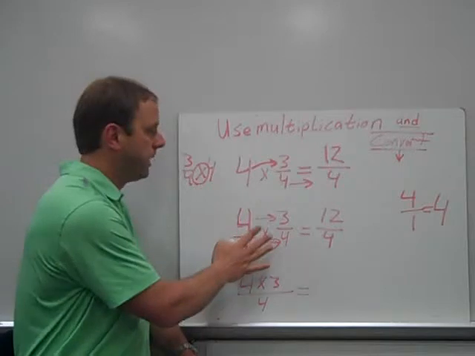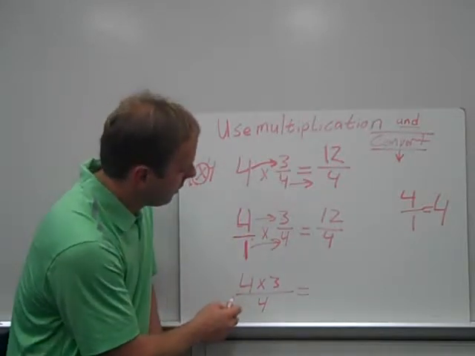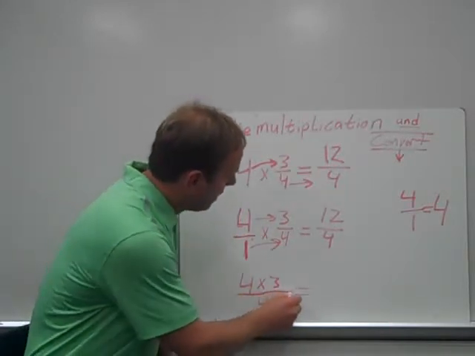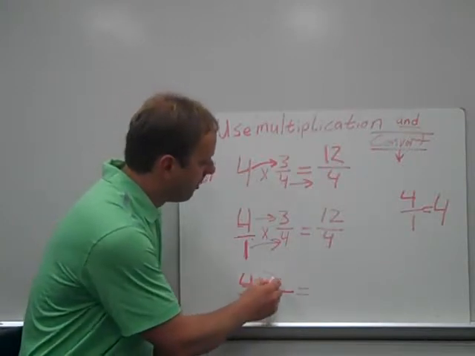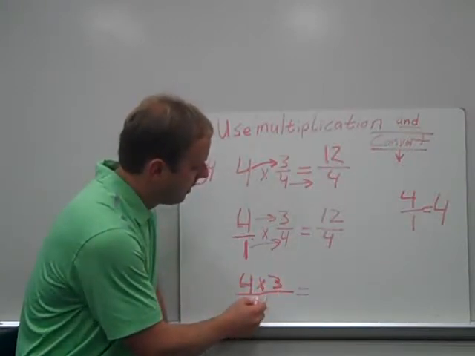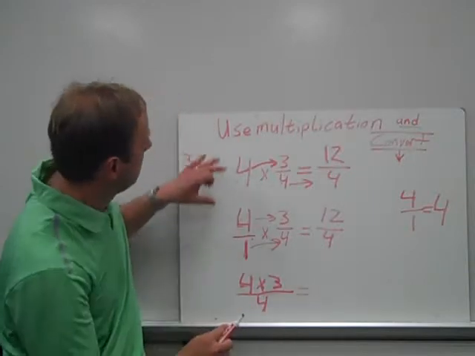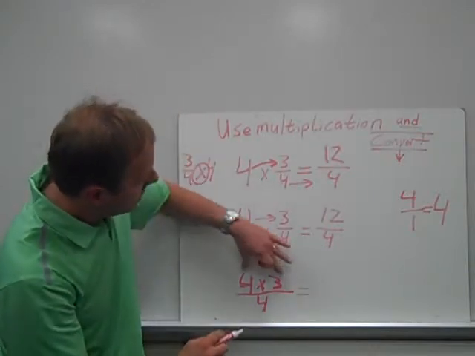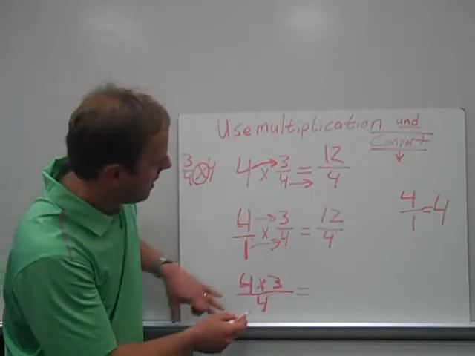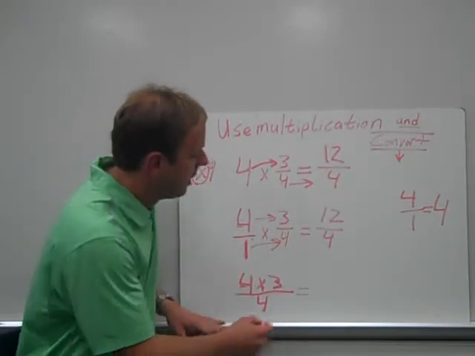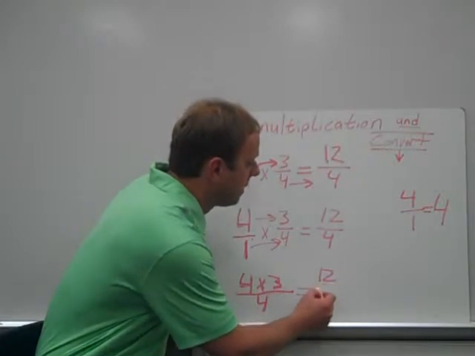Now if that's too much for you, another way is to rewrite the problem above and below exactly like you're doing it here. So my numerator becomes that 4 times 3 on a line above. My denominator is below, and then I solve it.